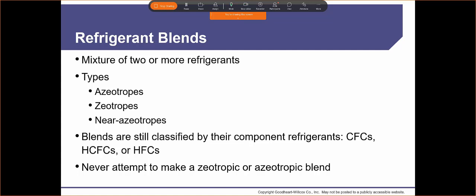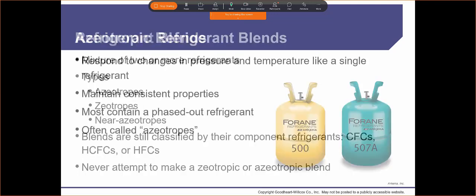So we're minimizing the amount of fractionation occurring. We're acting as a metering device with our gauges, so that we can let all that refrigerant get into our system properly.